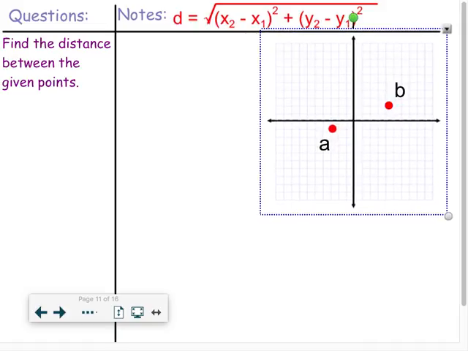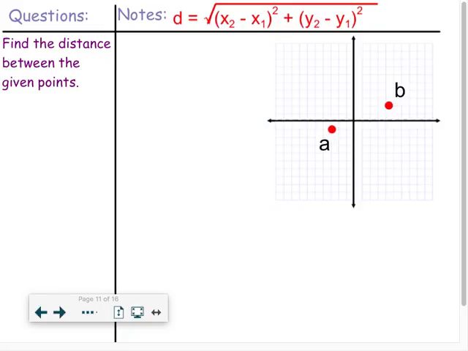So on a problem like this one, it says find the distance between the points. If you can see where they are on the graph, that's going to be easier than using the distance formula because you could just turn it into a right triangle and count the distance.